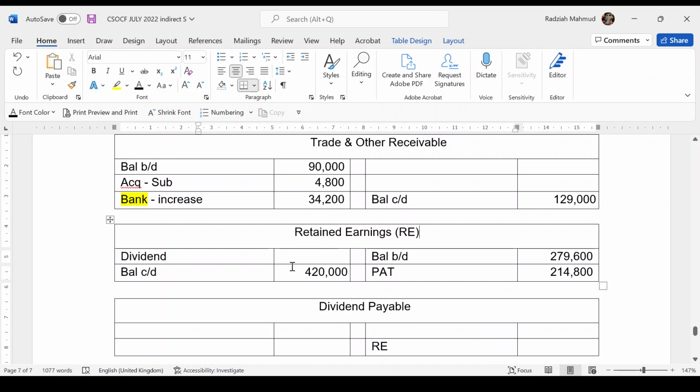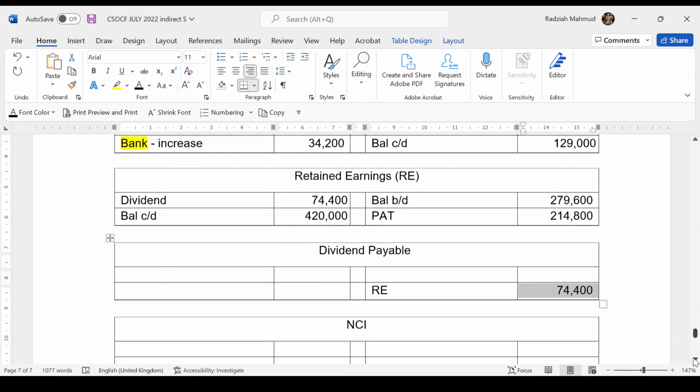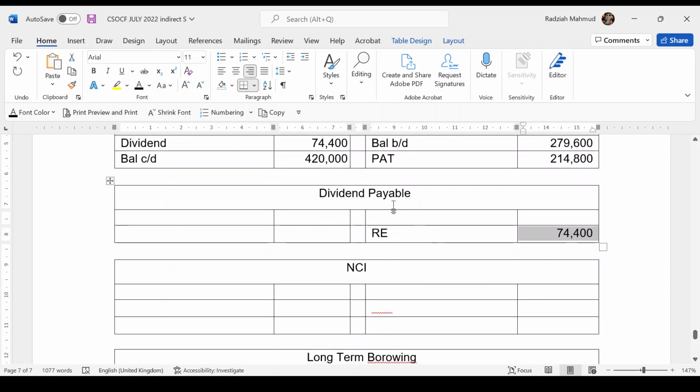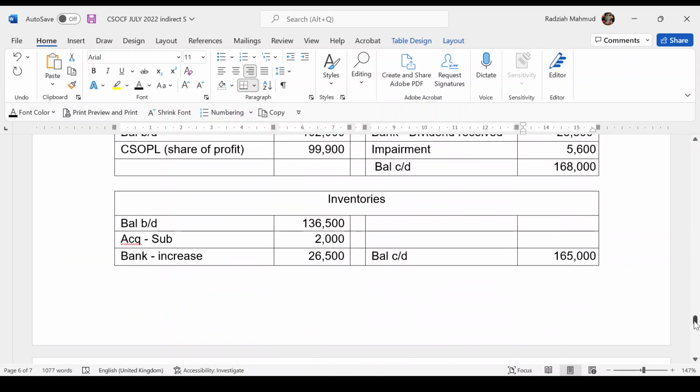There are no other things in retained earnings. So therefore we can find this figure, and we transfer it here. And then dividend payable. We look at the question.